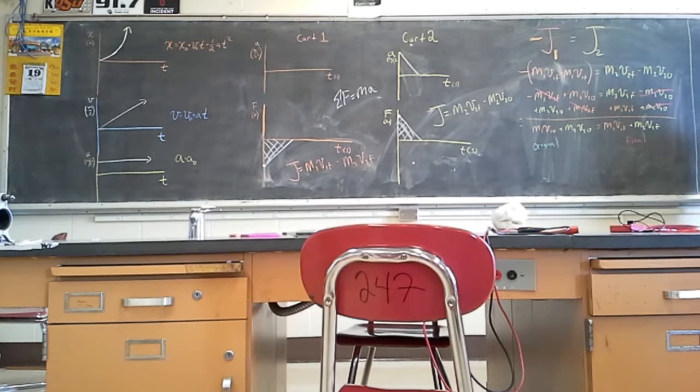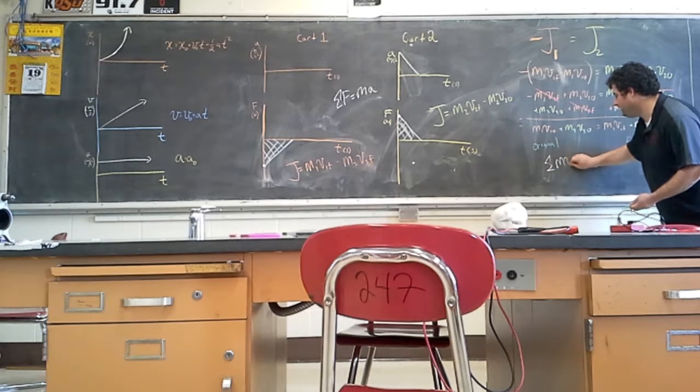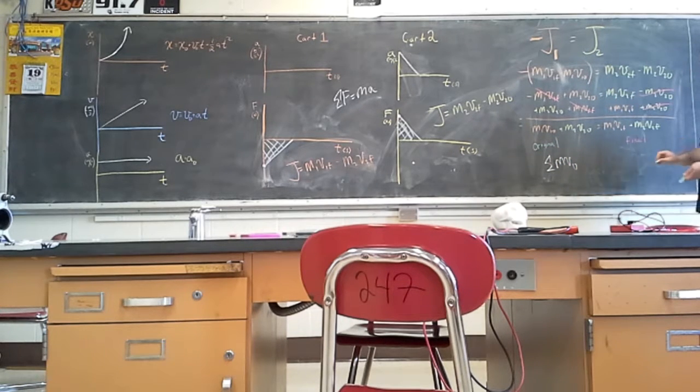So I'm left with all of my original momentums added together, which we could just call sigma mvo. And I'm left with all my final momentums added together. You can call that sigma mvf.